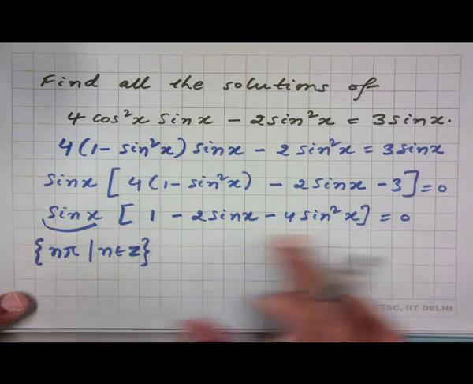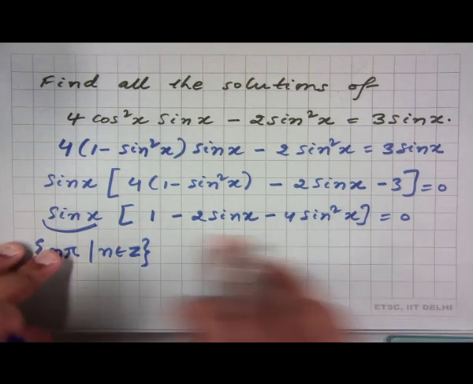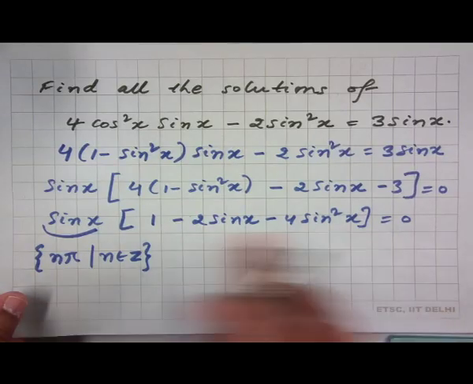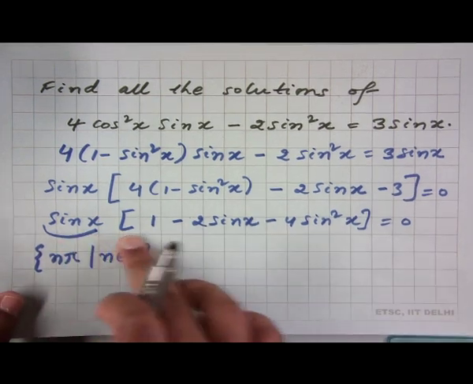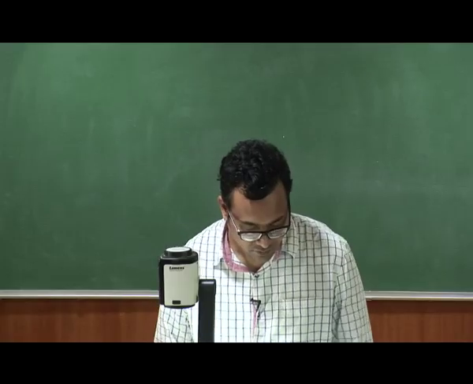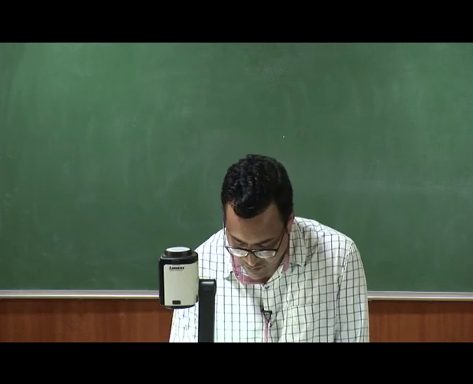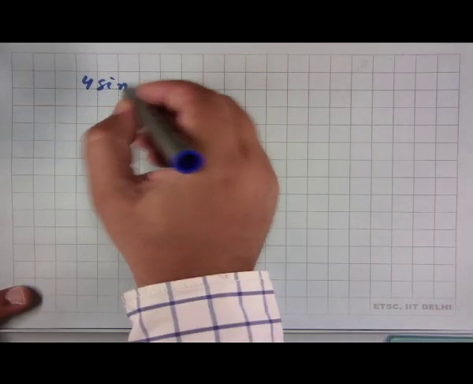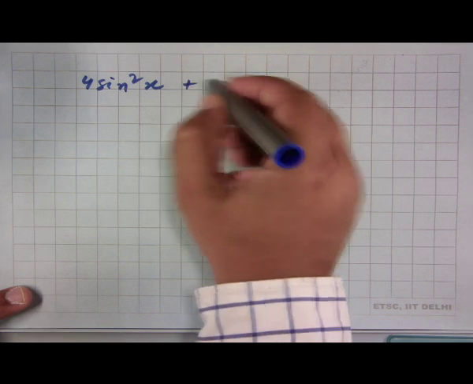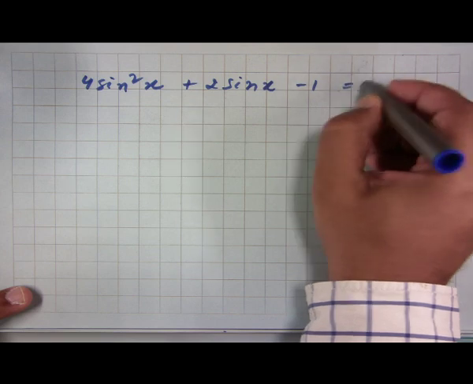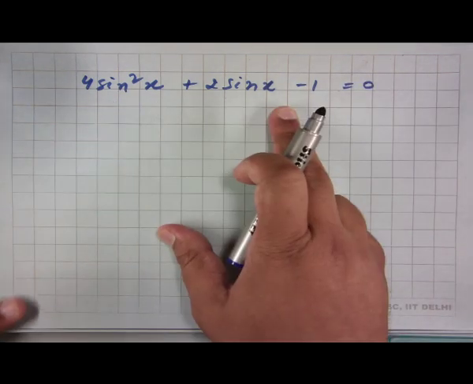And let us now see how to solve the second equation, this particular term. So, either this is 0 or this is 0. For the second factor on the left hand side, we have 4 sin square x plus 2 sin x minus 1 equals 0, but this is a quadratic equation in sin x.